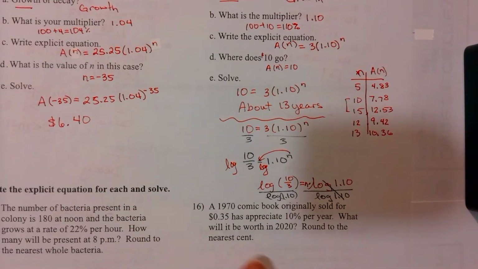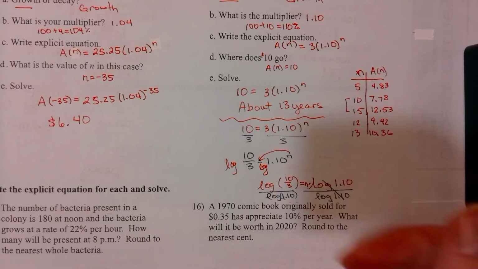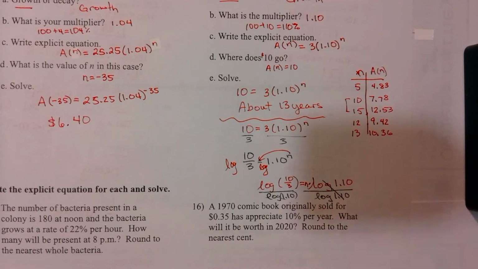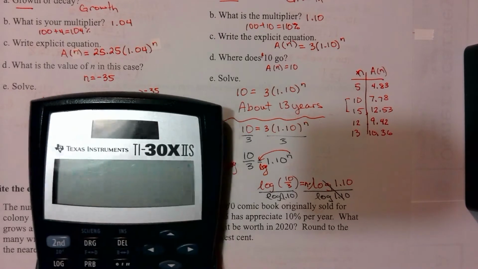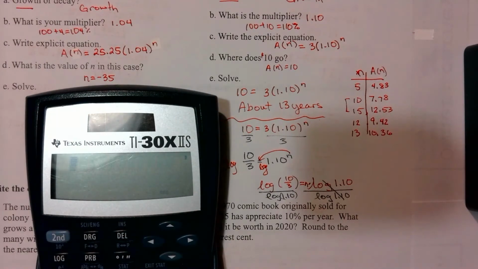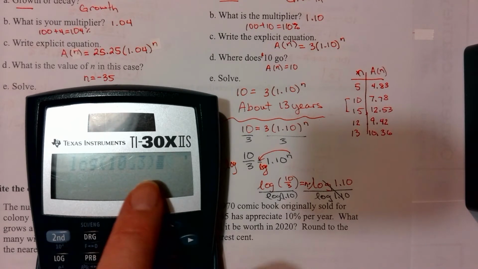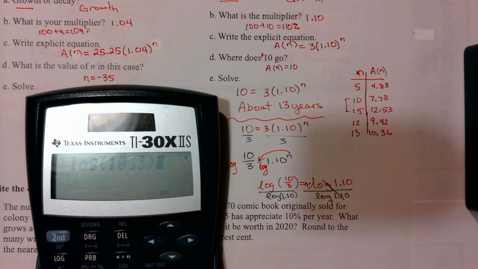When I put this in, I want to remind you that the logs cannot cancel out. You actually have to type in each thing individually. So let me show you what it looks like in the calculator. I'm going to go to log, and it's 10 fraction 3, or 10 divided by 3. And notice I'm closing those parentheses, and then I'm dividing it by log 1.10, and I'm closing those parentheses for good measure. And we get 12.63.